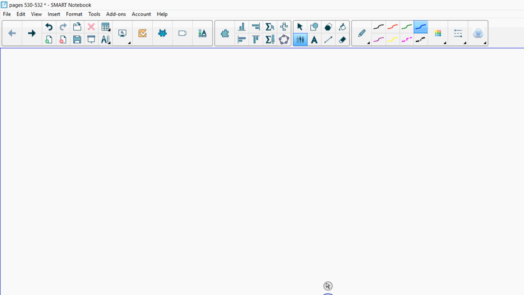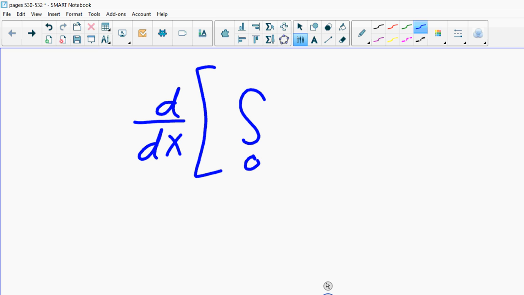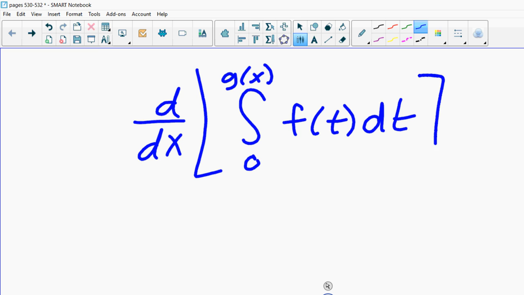Now, can I write a general rule? The derivative with respect to x of the integral from a constant to g of x. Maybe I don't want to use f. G of x. Yeah, that'll work.